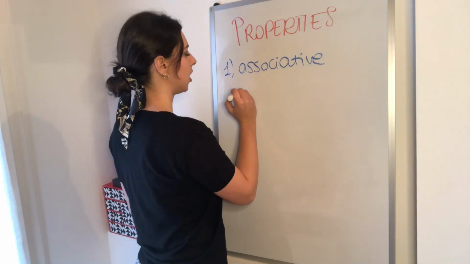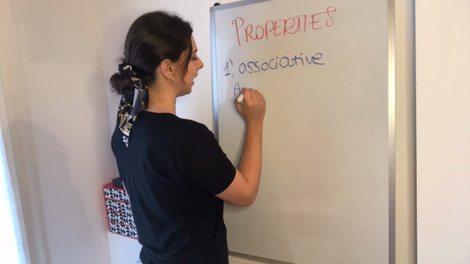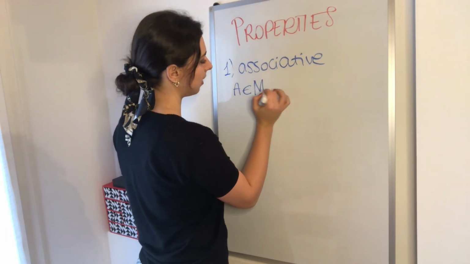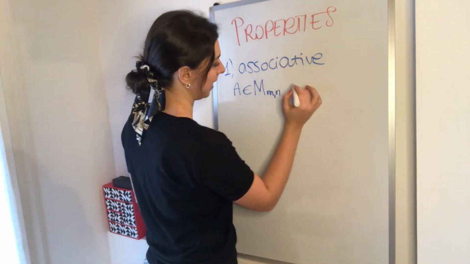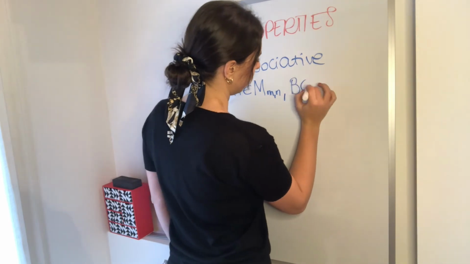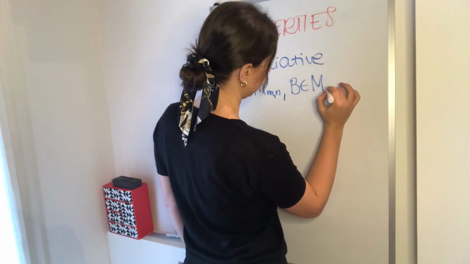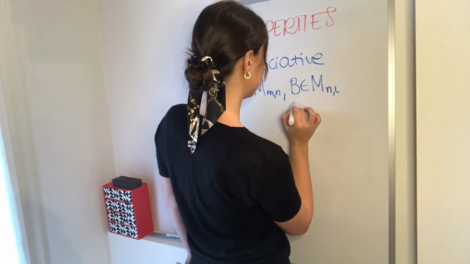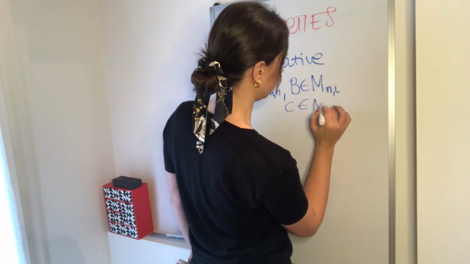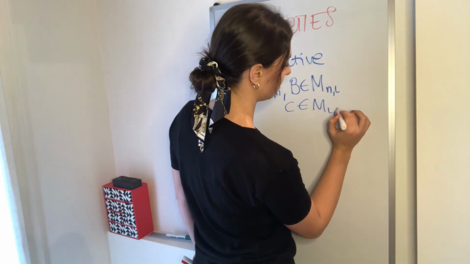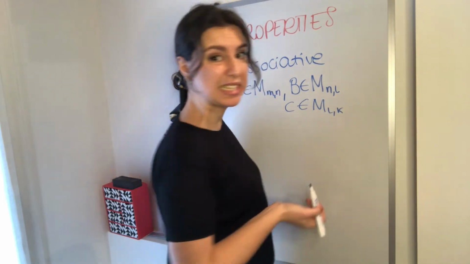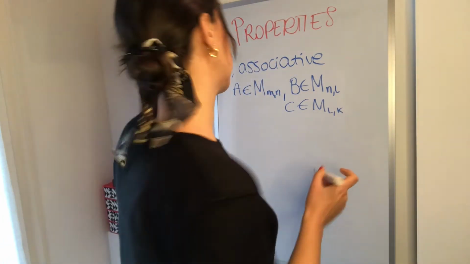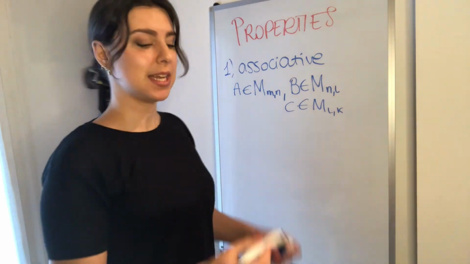Yeah, the three matrices, let's say A, that belongs to M by N, B that belongs to N by L, and C that belongs to L by K. I don't know, I'm just going to go with the flow and let's say LK.